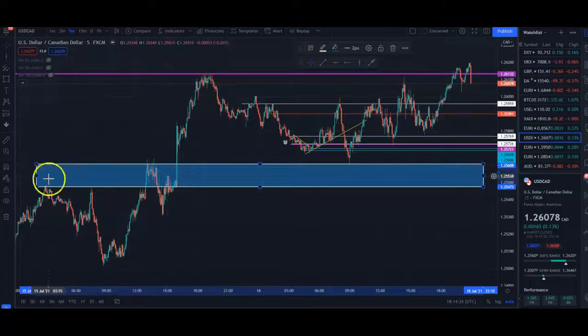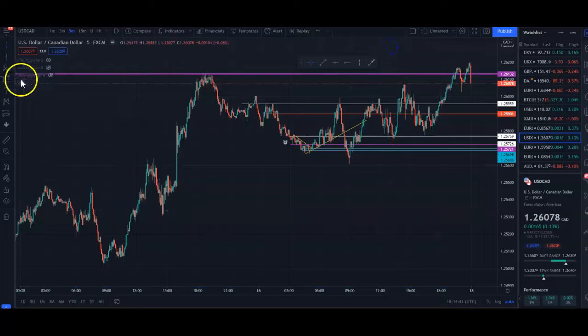When price comes back and works into this area, I'm gonna snag a buy. And as you guys can see, price came back, wick touched it just once, we entered that buy there, and we'd be snipers in the market, guys. We'd be snipers in the market. So that was a box.